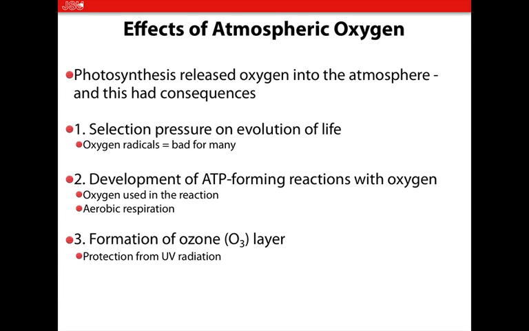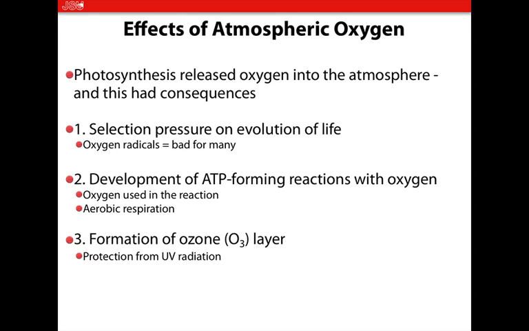First, it caused an evolutionary selective pressure. Oxygen was hazardous for a lot of life. So either life adapted or it went away, or it went to areas where there was no oxygen present. We even see those organisms, in particular bacteria, today. We call them anaerobes.